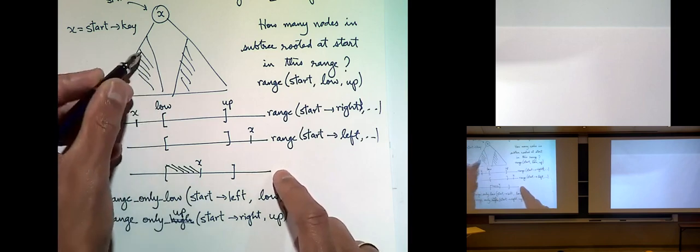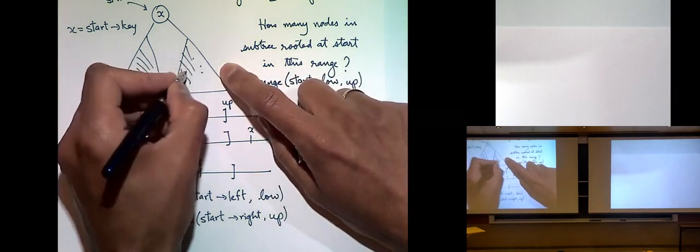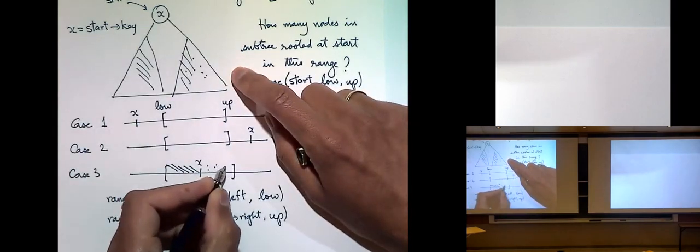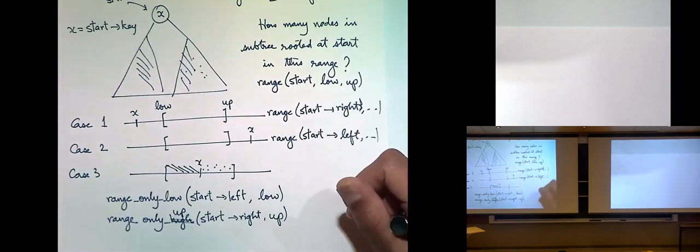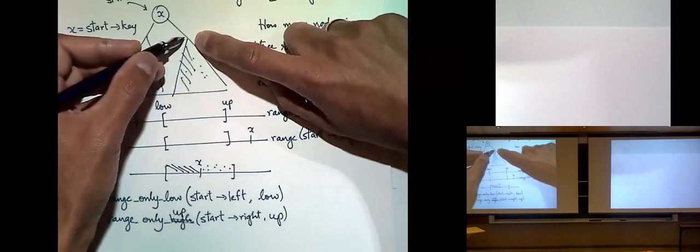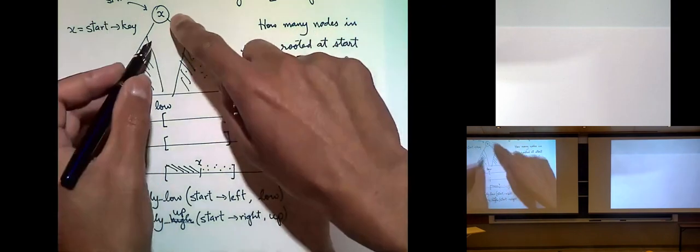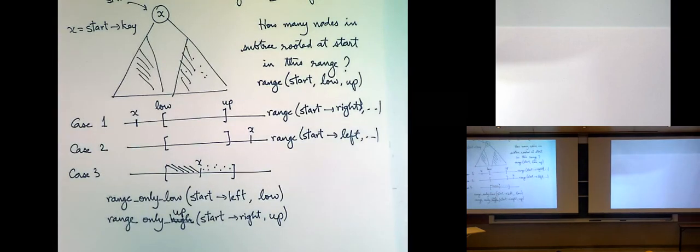Because everything has to be less than x. That makes sense? And everything in this subtree here only lies over there, because everything in the right subtree is more than x. So what has happened is that your range has split into two parts.